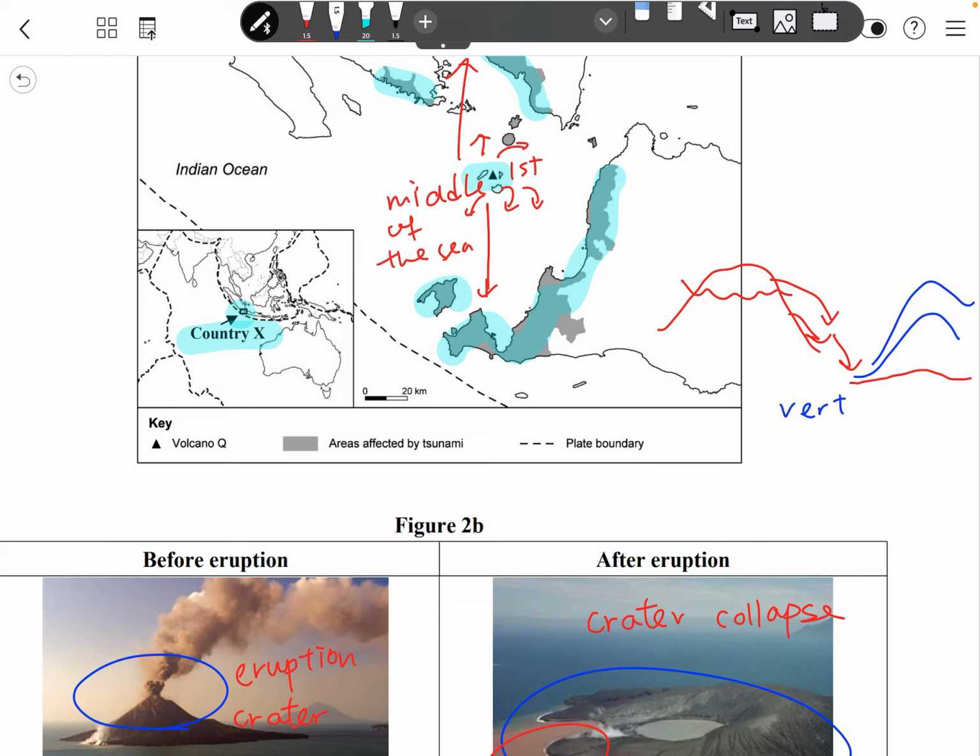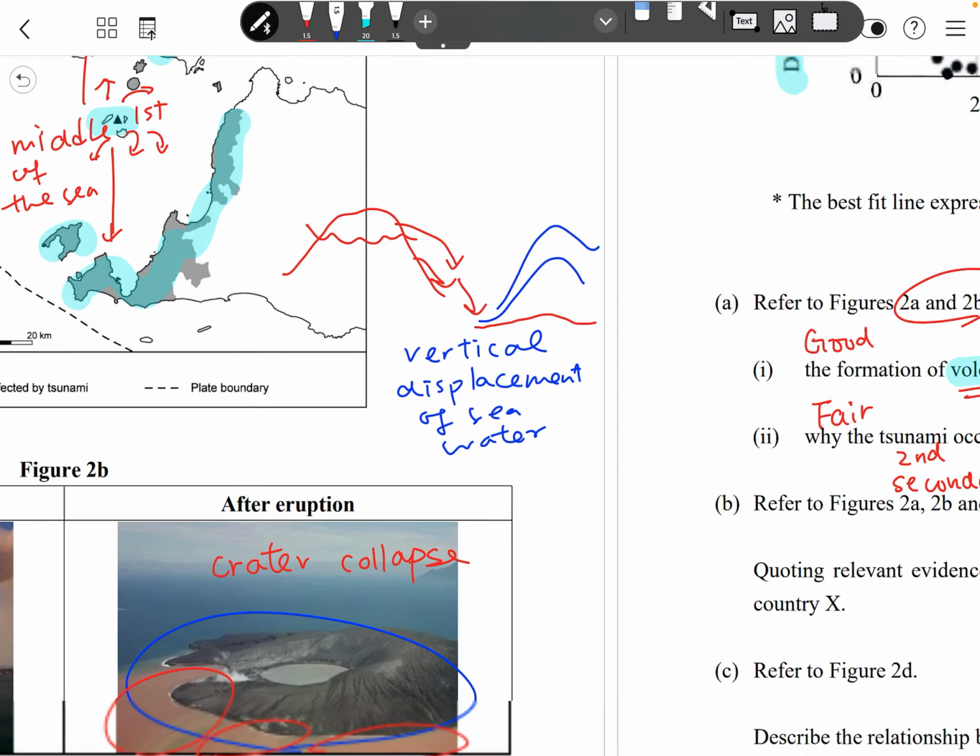So it causes the vertical displacement of seawater. So that's why it triggered off a tsunami in the surrounding area. So make use of the figure to explain.